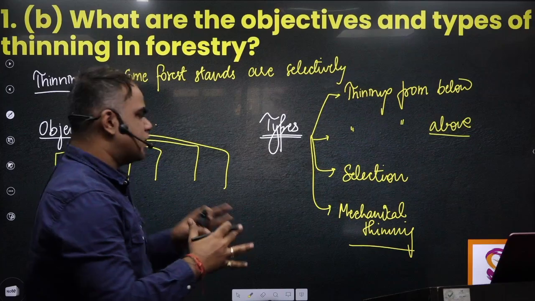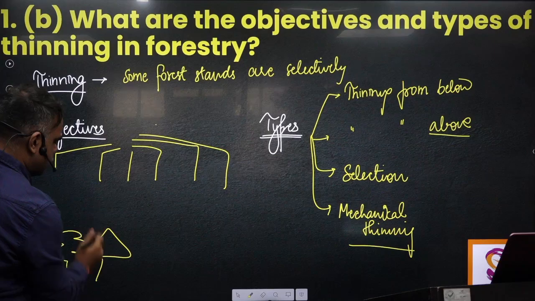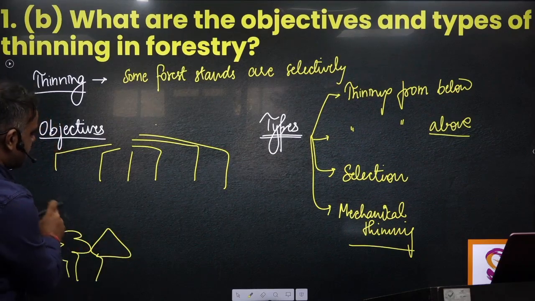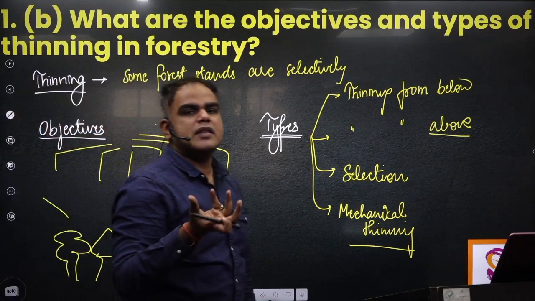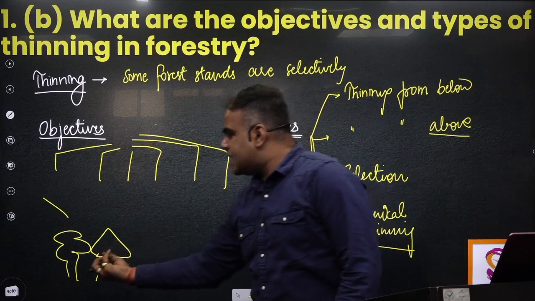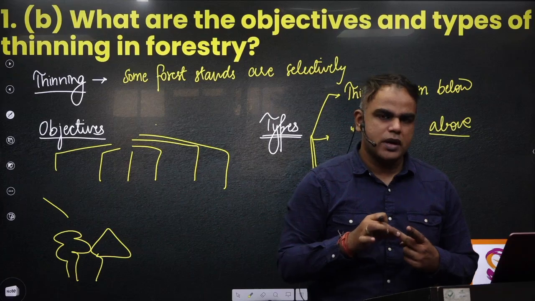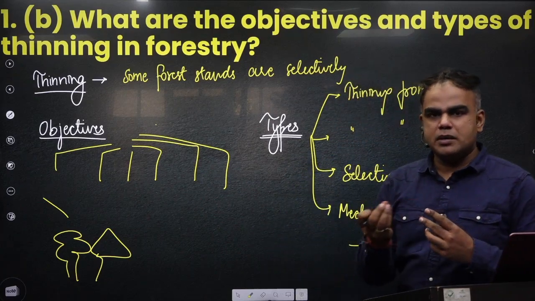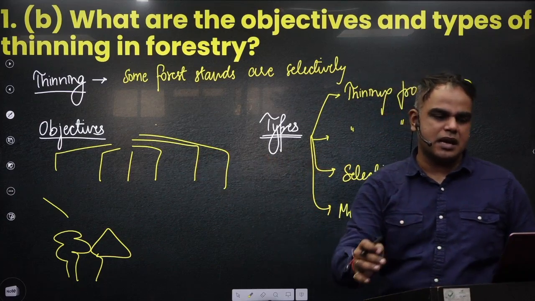Now when you remove some of the stands, they are competing for the same resource, so there will be reduced competition, and the reduced competition will enable faster growth for some of the varieties. So our objective can also be improving growth, having more vigor. All these things can be there.